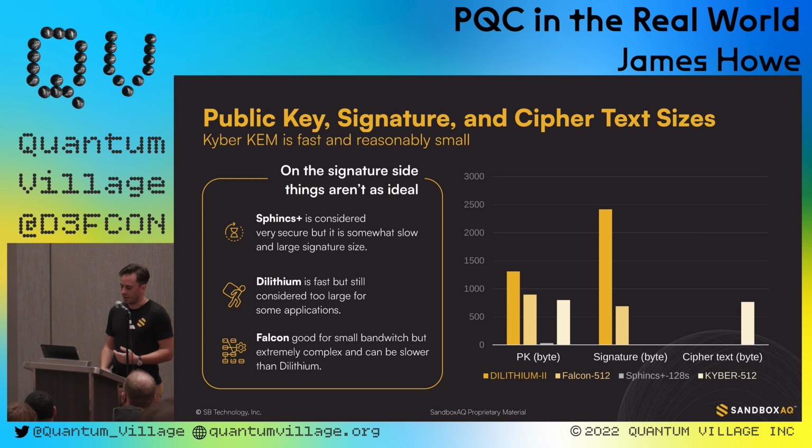This is sort of the size we're looking at. Dilithium is fast, but as I said, it might be a bit too large for some applications. And SPHINCS+ is very secure, but has a large signature. I don't know why it's not there. But this is just a comparison of some of the schemes that we have as candidates.